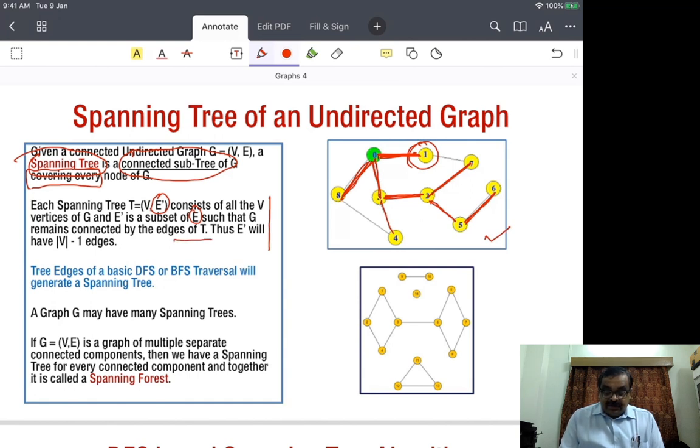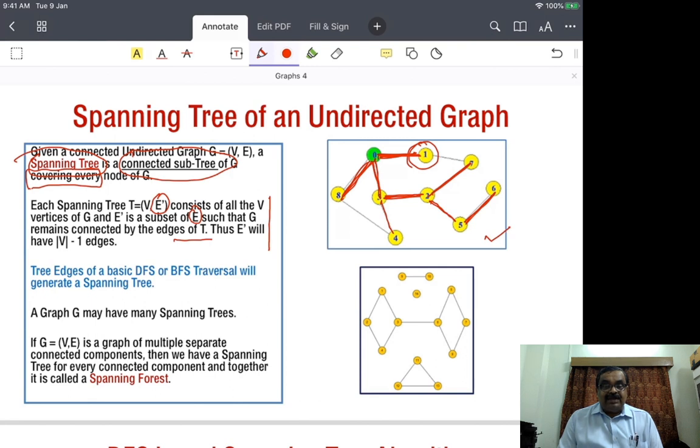Thus, if there are V vertices in the graph, then there will be V minus 1 edges in the spanning tree. It is not difficult to prove that there will be V minus 1 edges and V vertices in the spanning tree of this graph. There is another very interesting property, which we shall see later on, that this spanning tree may not be unique.